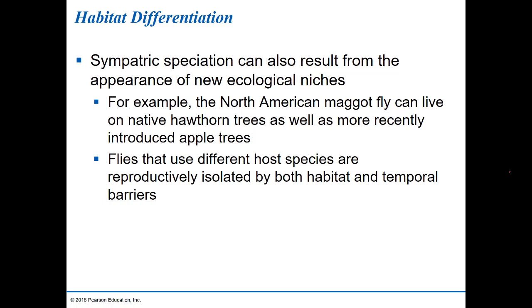And so as they started to utilize different host species, they started to reproductively isolate themselves, by both habitat and temporal barriers, because the hawthorn produced a berry at a different time than the apple trees did, and of course it's the larva or the maggot, the young of the fly, that has to feed on that. And so they started to differentiate themselves and basically produce two different species, when at one time it was one.